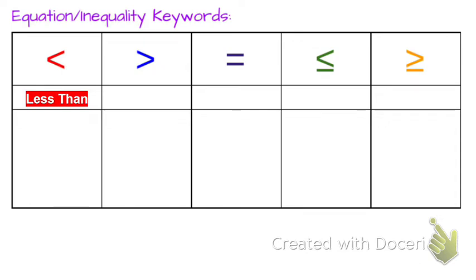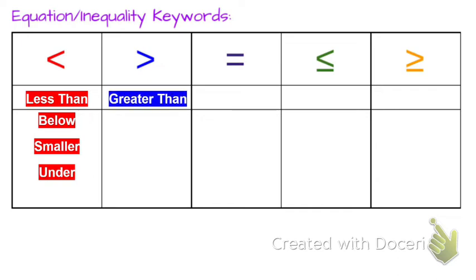Keywords that you would see for this one are below, smaller, or under. Let's look at the blue symbol. This symbol is the greater than symbol. Keywords you would see would be more than, above, or bigger.